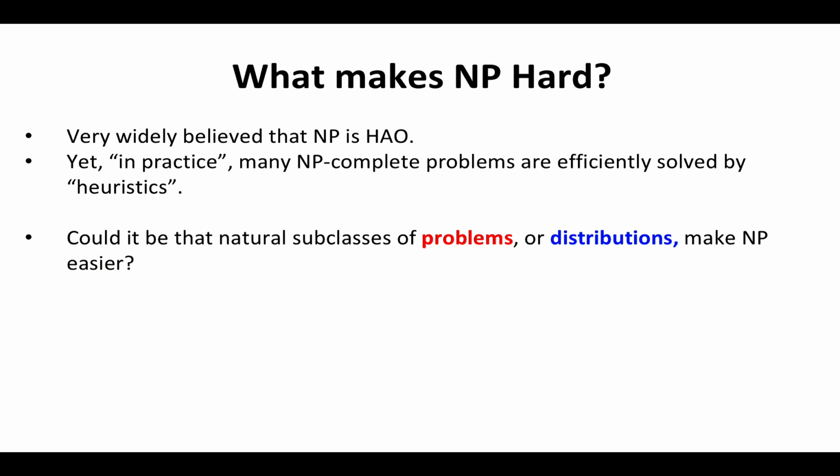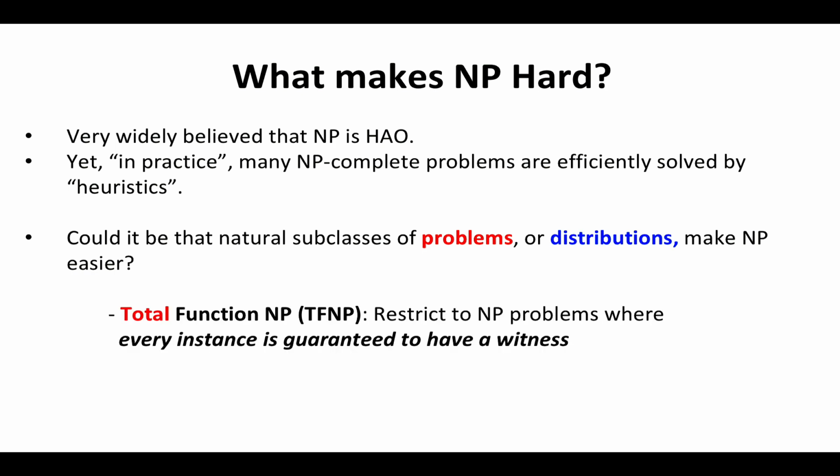And that would be a way to understand where this hardness stems from. And indeed, there have been subclasses of NP that have been defined and studied, and some of them are extremely natural. Okay? And some of them are actually as old as average case complexity itself.